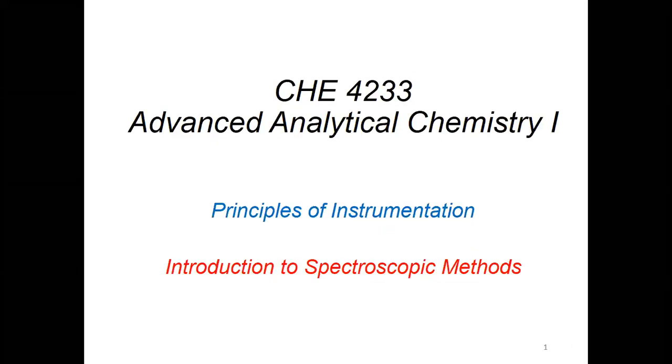Okay, so what we were discussing last few days about the spectroscopic techniques. I will quickly go through these slides just to review. I just give a summary about the spectroscopic method.